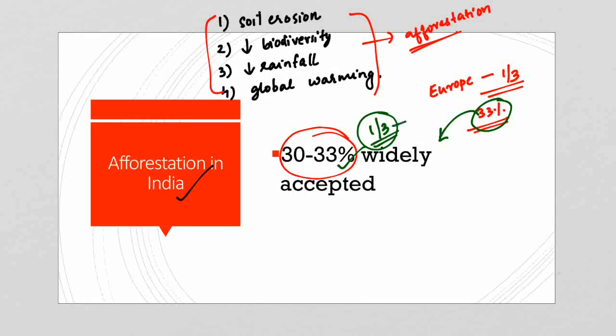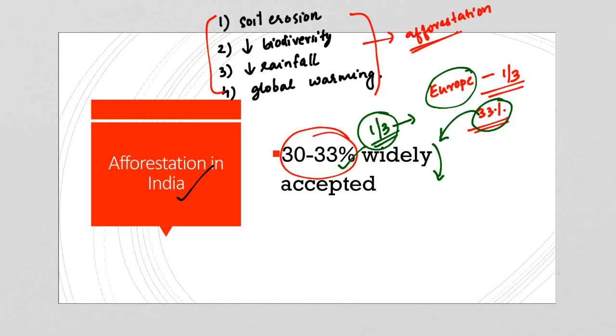This idea of 1/3 forest cover was exported to India from Europe, and policy makers adopted the strategy that was used in Europe in order to create more forest cover in the country.